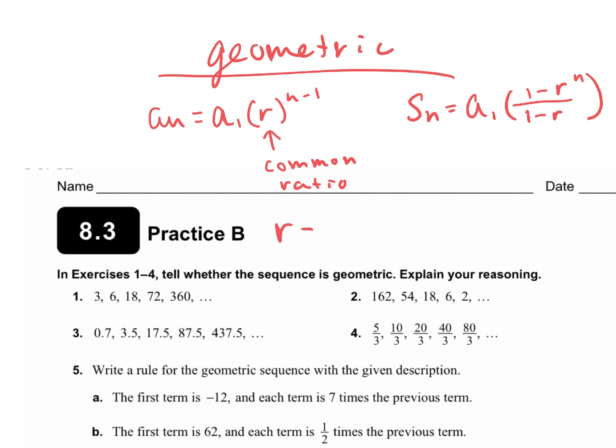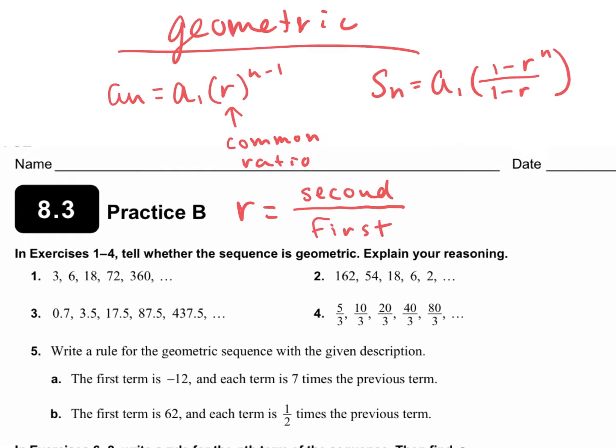Anybody remember how we find r? Second term divided by the first term. So that's the quickest way to find r. So in 2 and 4, we have to tell whether the sequence is geometric.